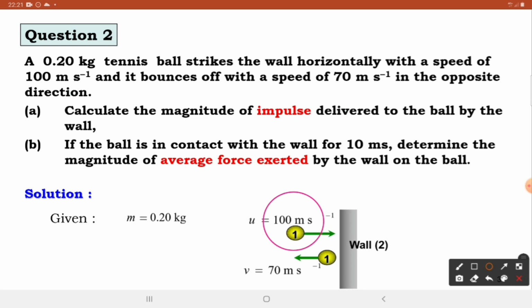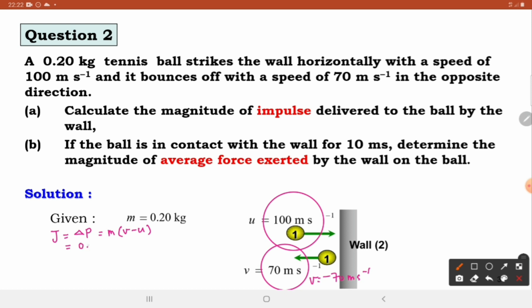After it hits the wall, it bounces off with a speed of 70 meters per second in the opposite direction, so V final is negative 70 meters per second. To solve A, we can use the impulse-momentum theorem, J equals delta P, which is equal to m(v minus u).